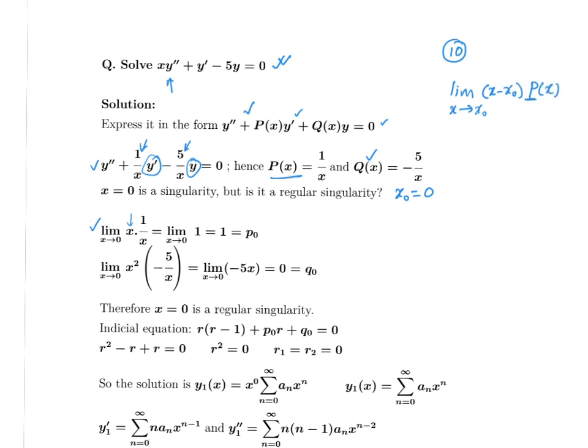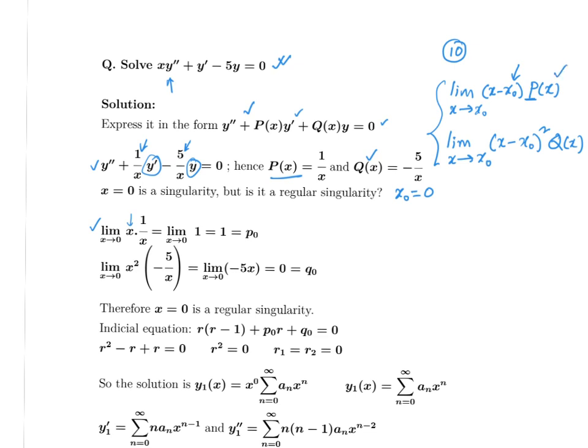This limit does exist, along with the other limit: limit as x approaches x naught of (x minus x naught) squared times q of x. That limit exists as well, okay? So both of these limits exist. If that is the case, it is going to be a regular singular point. That means x naught is a regular singular point, okay?